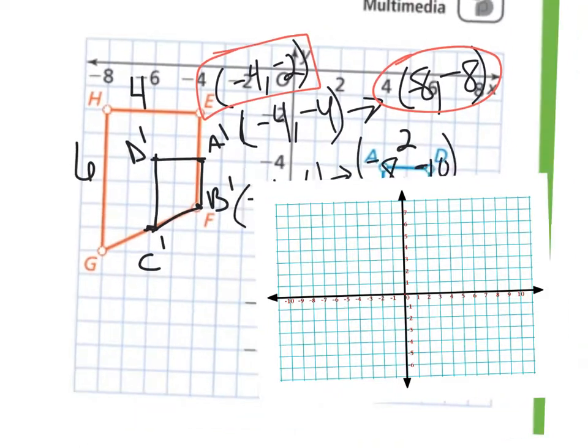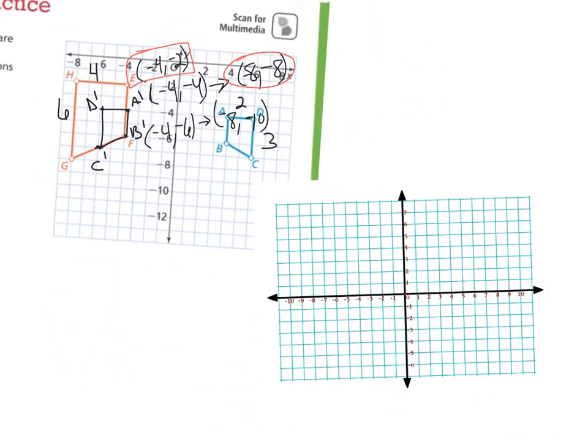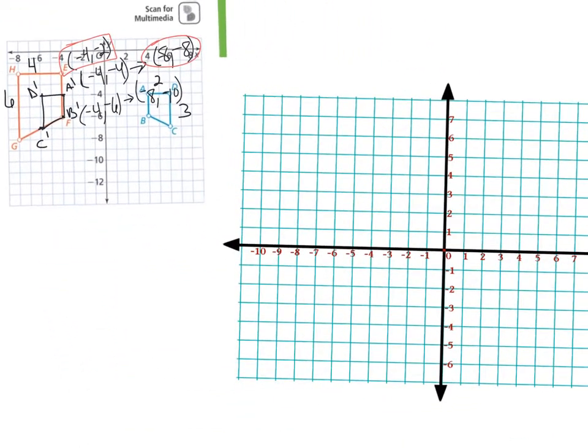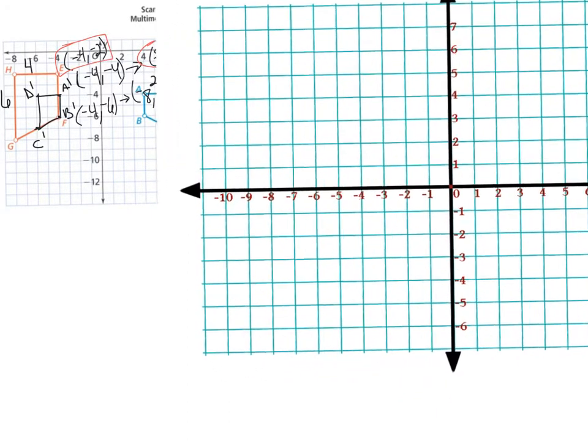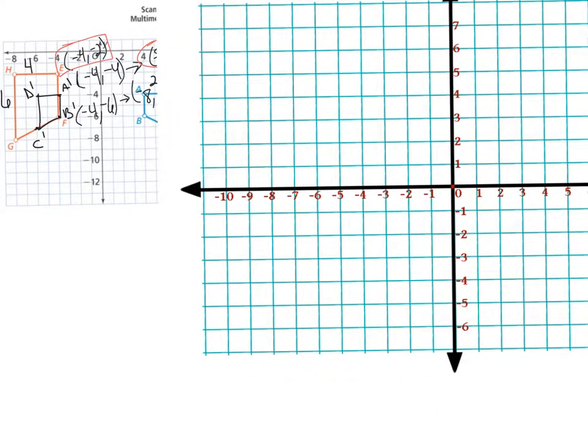So I got kind of a mess going here, so I'm just going to do this on a different graph. We're at -8, -8, trying to get to -4, -2. So the book's telling us we're going to go right and up.